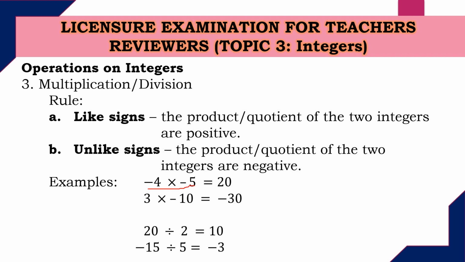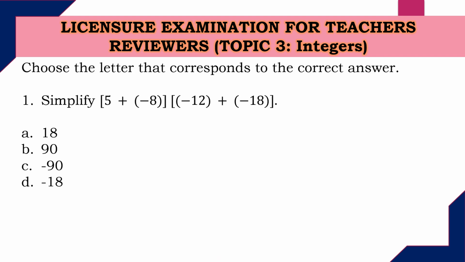And negative 15 divided by 5, that is negative 3. Why negative 3? Again, because the signs of the two integers are different. The first one is negative and the second one is positive.